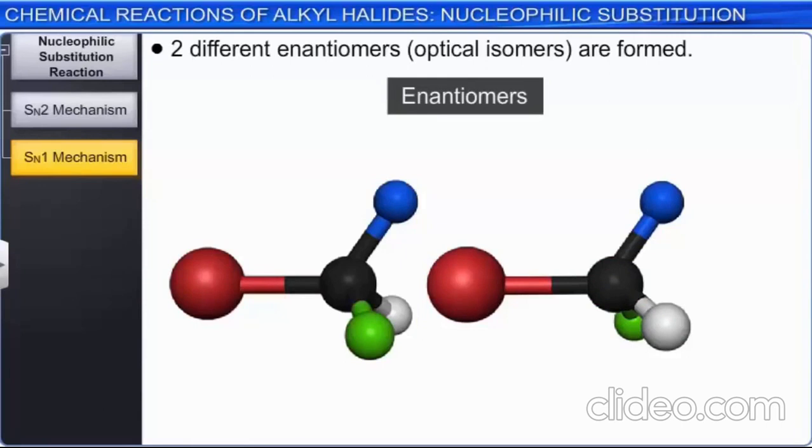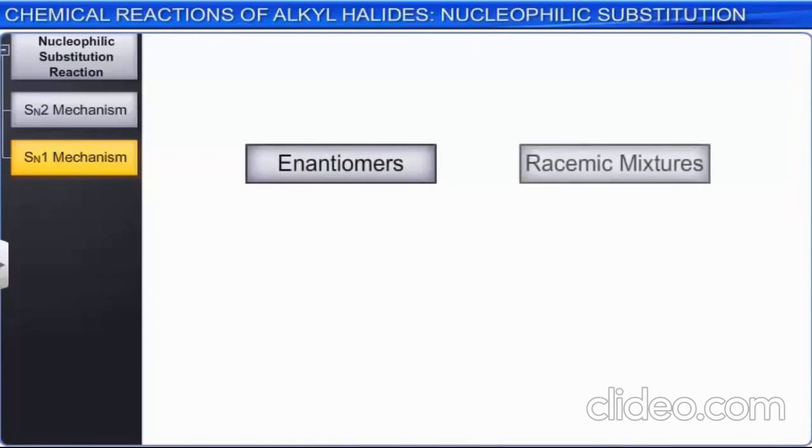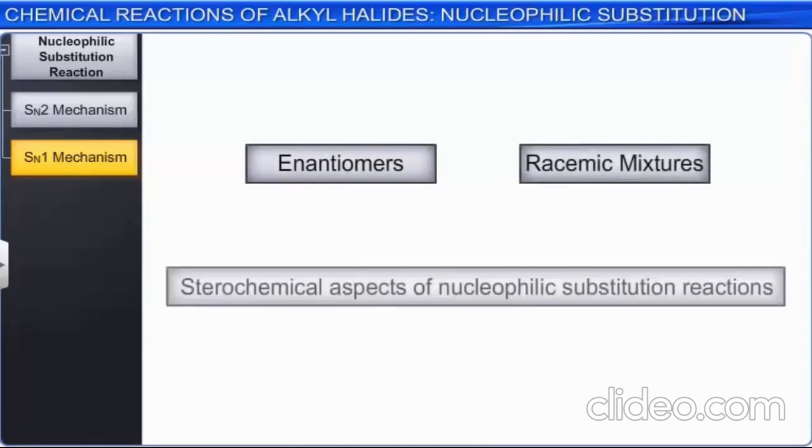This is called racemization, and such 50-50 mixtures are called racemic mixtures. You will learn more about terms such as enantiomers and racemic mixtures, as well as the stereochemical aspects of nucleophilic substitution reactions, in the next module.